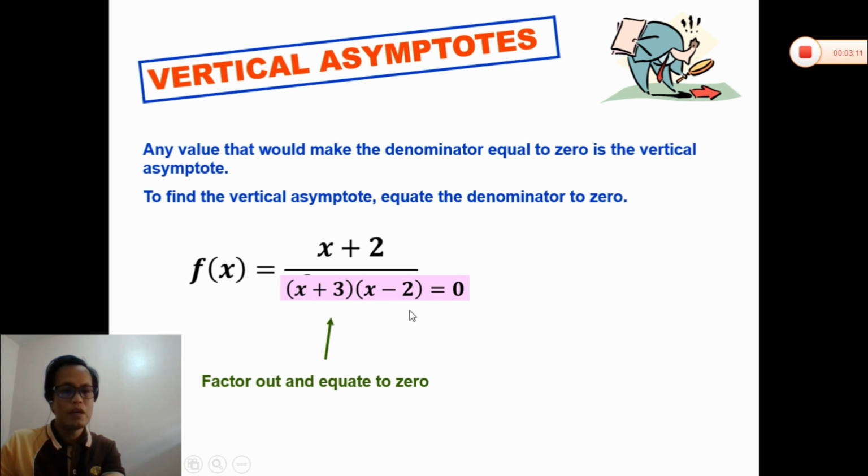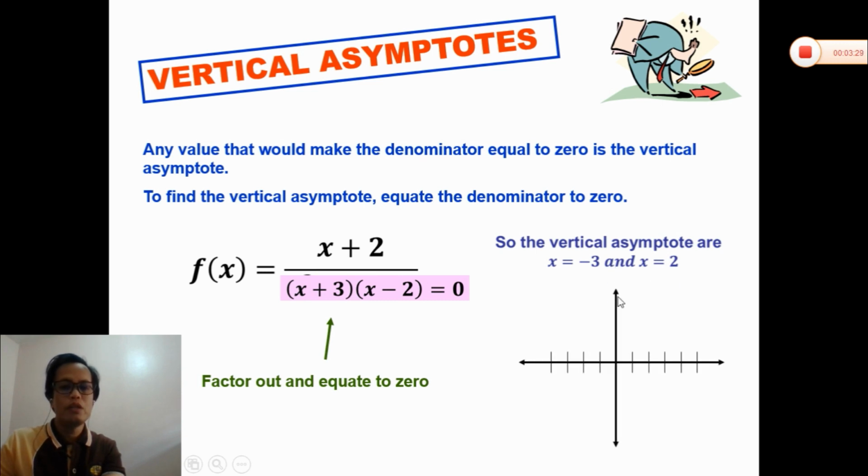And for the second factor, x minus 2 equals 0, by addition property, this becomes x equals 2. Therefore, the vertical asymptotes for this function are x equals negative 3 and x equals positive 2.